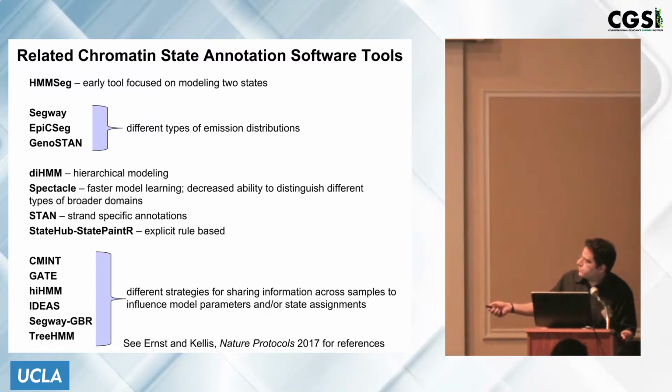Another method, Segway, which was developed around the same time as ChromHMM, has a number of differences, but one primary difference with Segway and some other more recent tools such as EpiCSeg and GenoSTAN is the approach they take to modeling the emission distribution. They use various continuous or discrete count distributions.